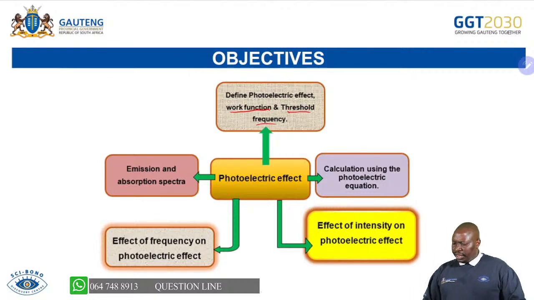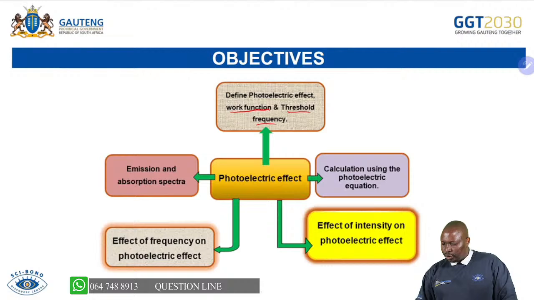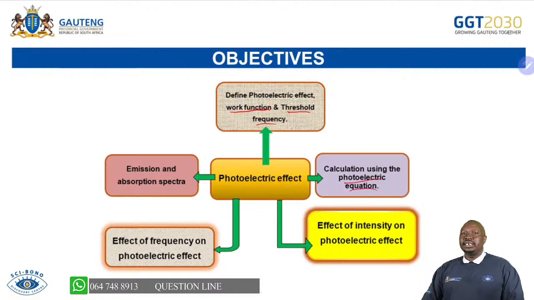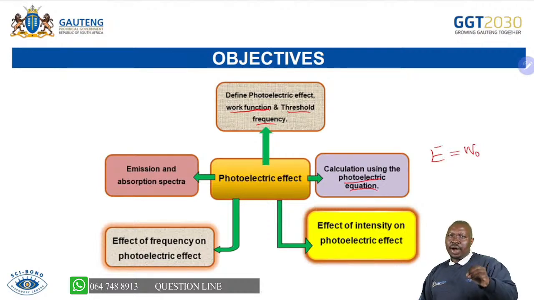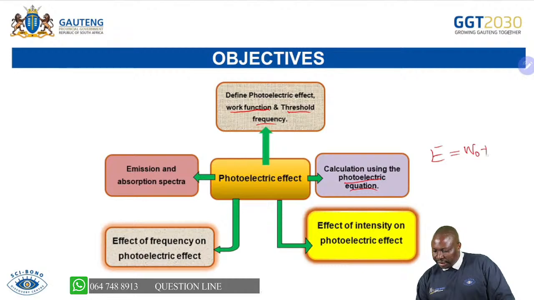Now, you must be able to calculate using the photoelectric equation. I just introduced you to the equation to say the photoelectric equation is the energy of a photon equals the work function. We said work function is the minimum energy required to eject or remove an electron from a metal surface. I'm going to expand on that so that you understand where it comes from, plus EK max.